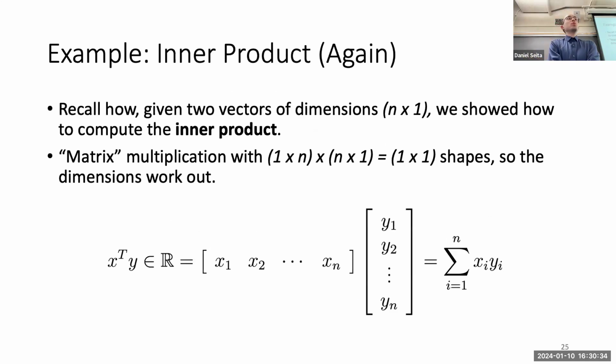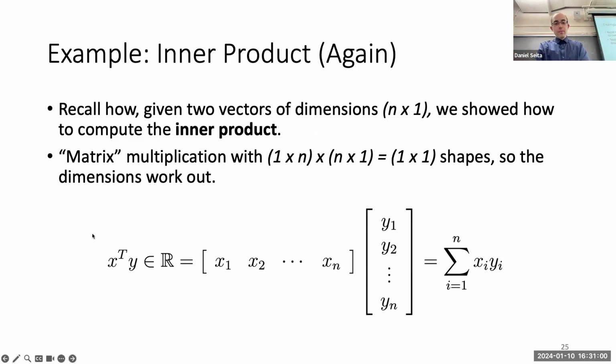All right, so going back to when we talked about the inner product, the inner product is basically a special case of matrix multiplication. It's just that you have 2 vectors instead of 2 matrices, although a vector is a special case of a matrix, but I usually think of a matrix as having more rows and columns than just one.